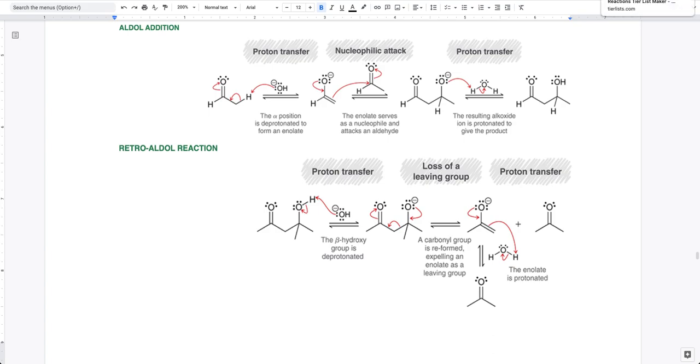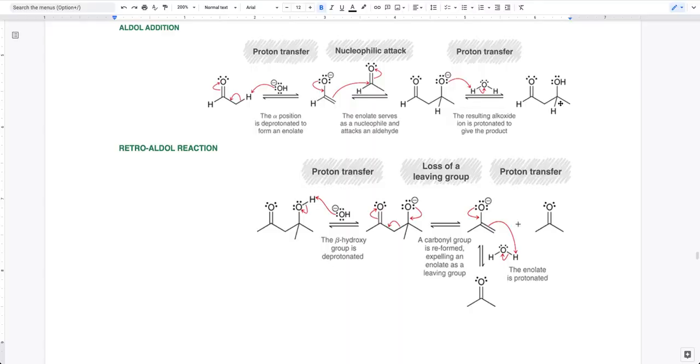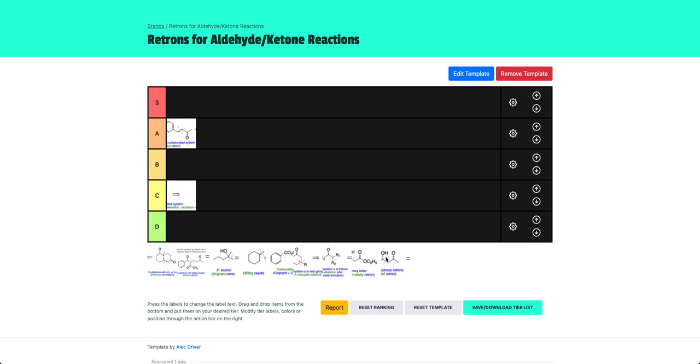Again, I like the reaction. It's quite simple and easy, just a pathway through an enolate. But again, it's not quite as cool as a finished product which creates a double bond, because what you get from an aldol addition is, I mean, it's useful, but not as useful. So I will be putting it at B tier.